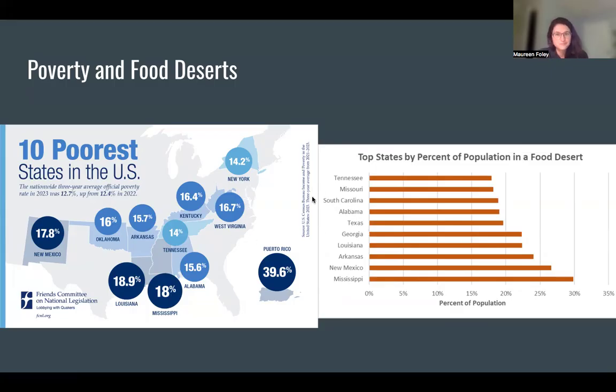The lower your income bracket, the less likely you are to have access to affordable and nutritious food. Now, this is obviously a huge issue. And if you are passionate about food and social justice, dive into this. This might be your calling, your thing.